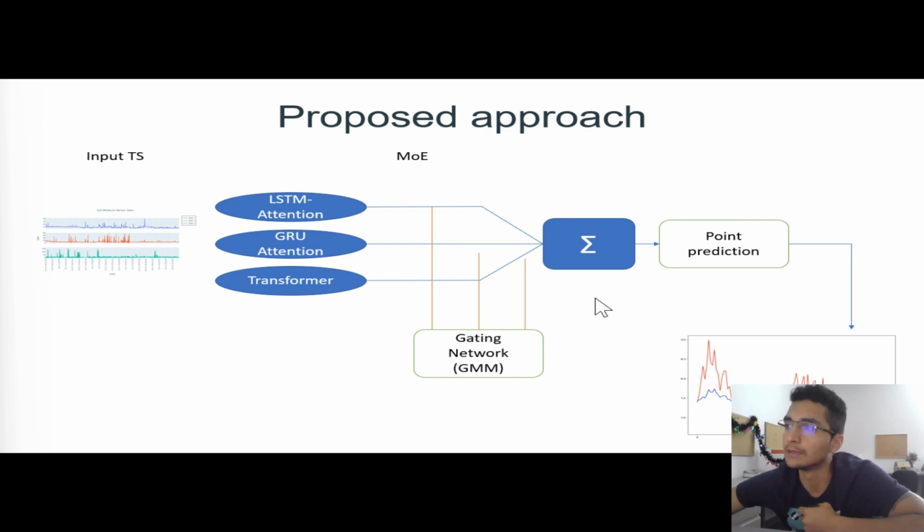And then we have the gating network, and the gating network has parameters, and in this case they will be the mean and the variance of the distribution. And the output of that is the distribution of the weights, so the gating will provide the final forecasting, which will be a combination of the different algorithms.